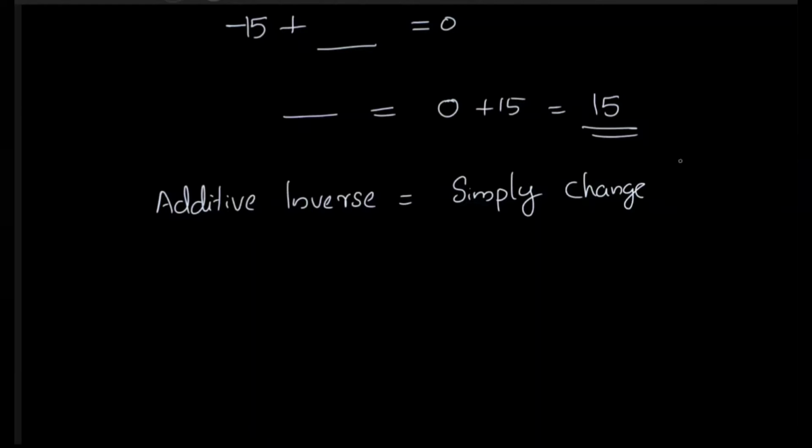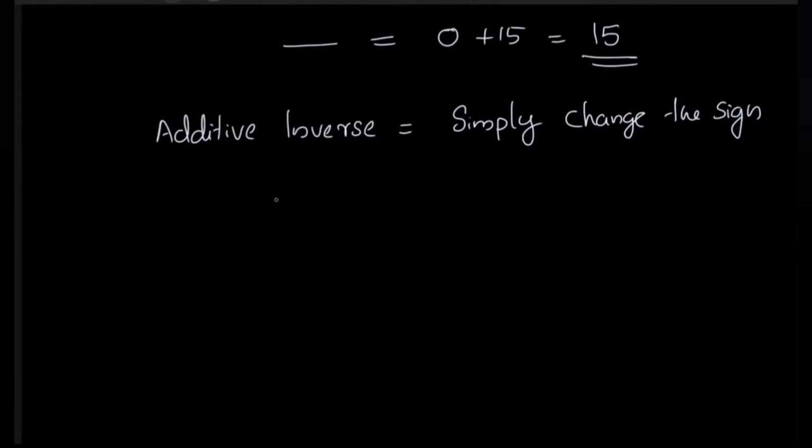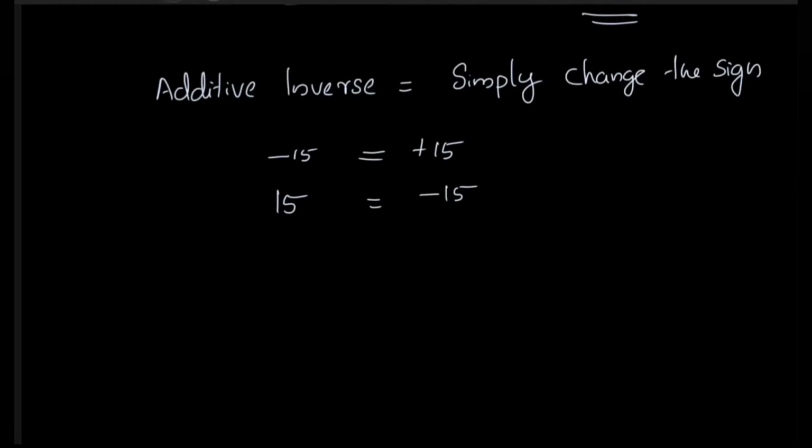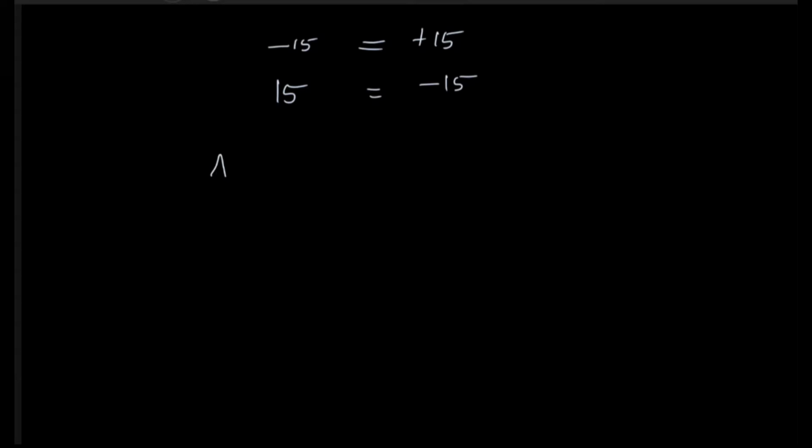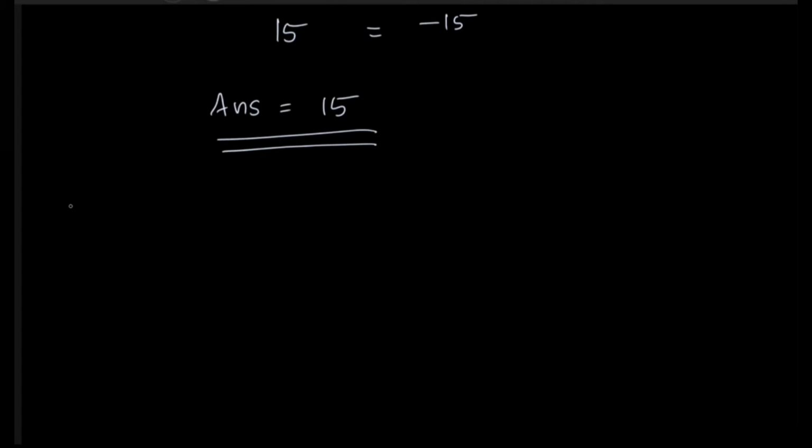If the given number is negative 15, the answer is positive 15. If our given number is 15, then our answer is negative 15. Here negative 15 is given in the question, so our answer is 15.